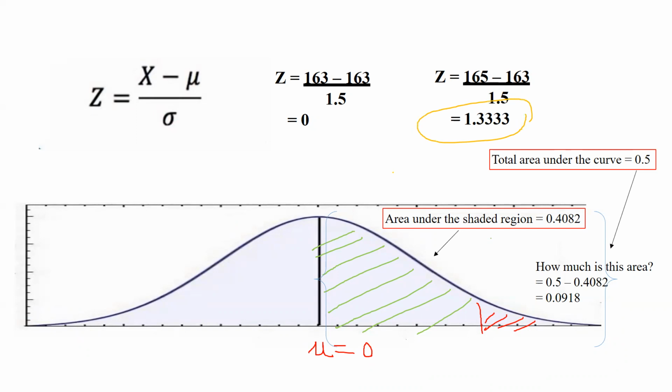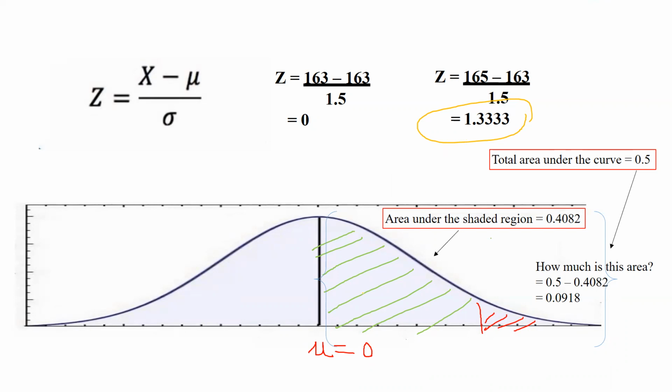Now, what would be the next step? How are we going to calculate the probability? First of all, we will check at this particular value what the z table value is. This is my calculated value, and what is my table value?